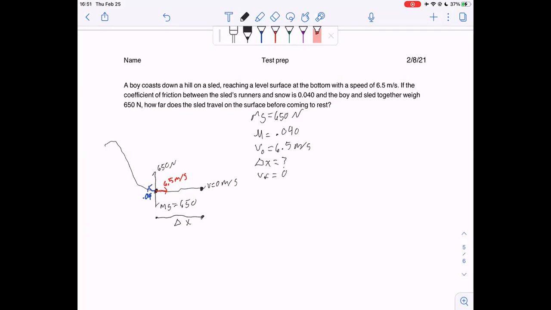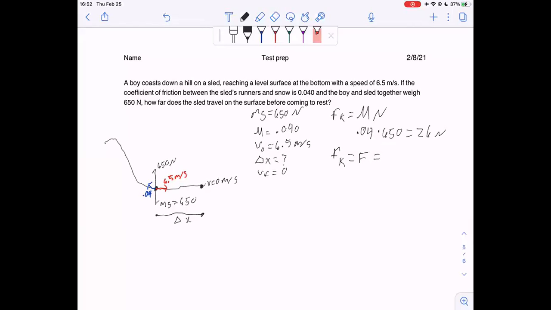So F of k is equal to mu times N. Our normal force times mu gives us kinetic friction, which is 0.04 times 650, which gives us 26 newtons.